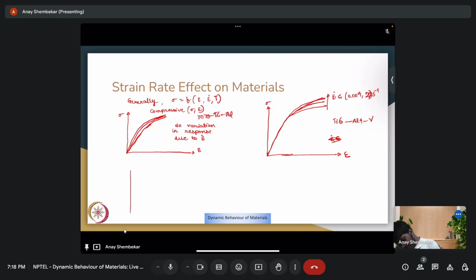Another plot for a stress strain curve for another material. This is pure titanium.